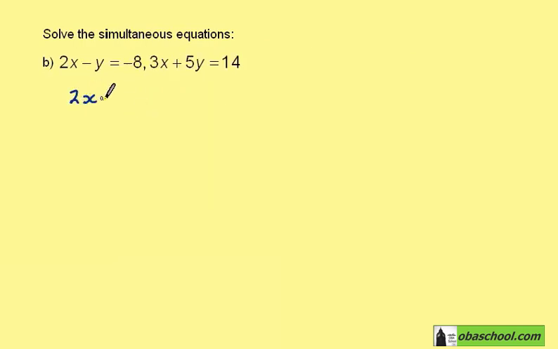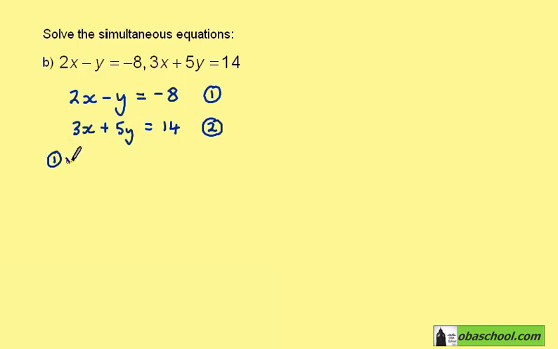We now have 2x minus y is equal to minus 8, which is equation 1, and 3x plus 5y is equal to 14, which we'll call equation 2. Once again, we don't have the same number of x's, nor do we have the same number of y's.